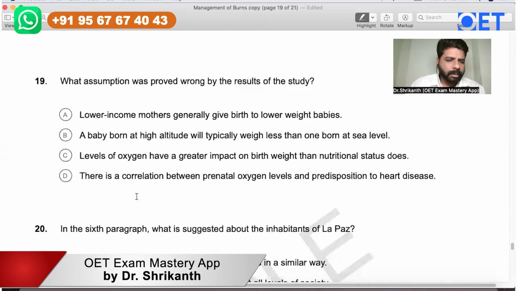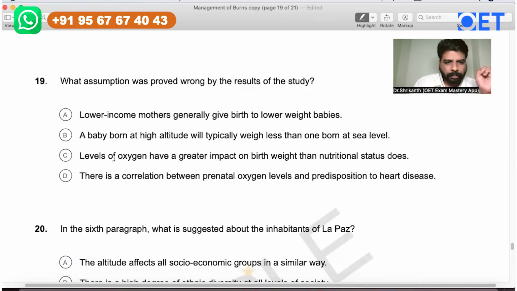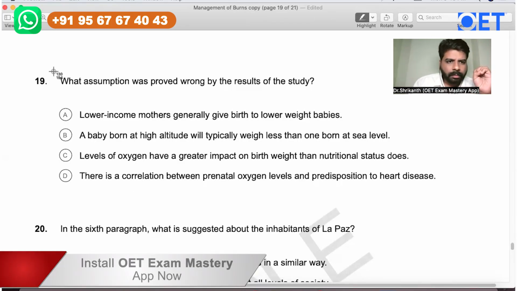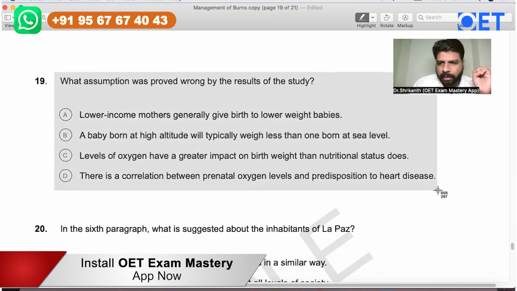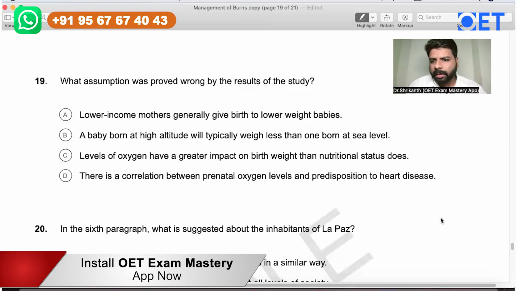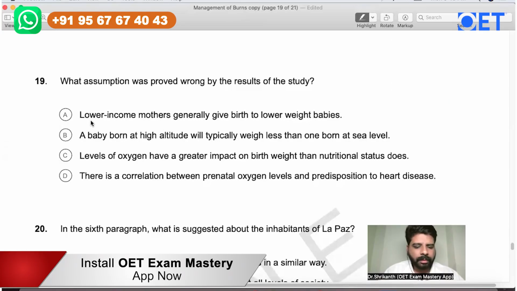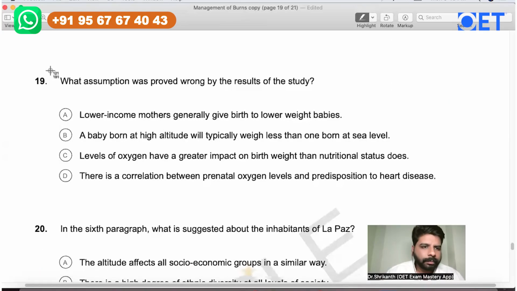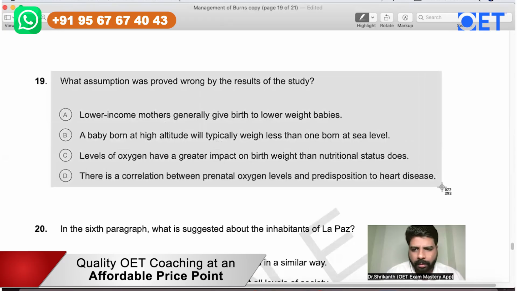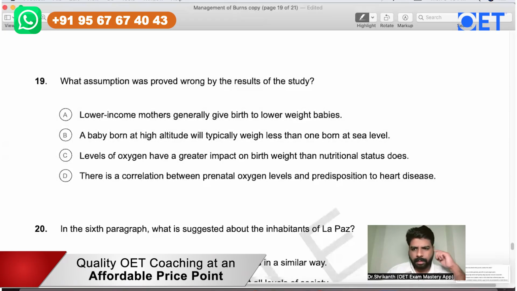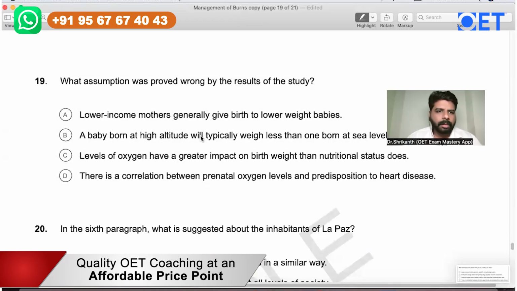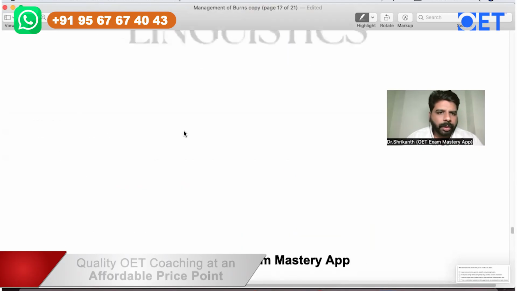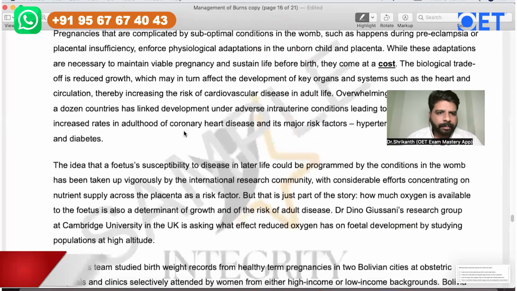Just give me a second. Let's see if this technique works. I believe it's going to be in the 5th paragraph.